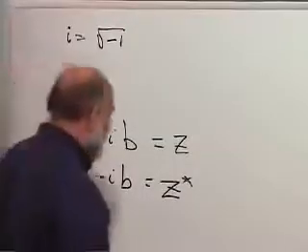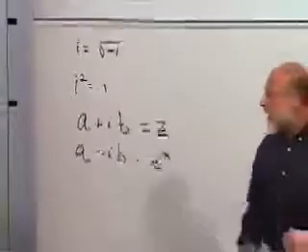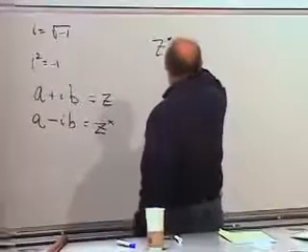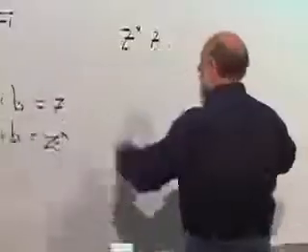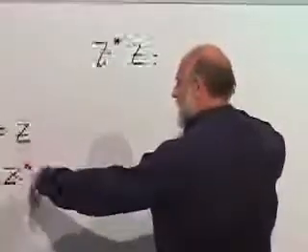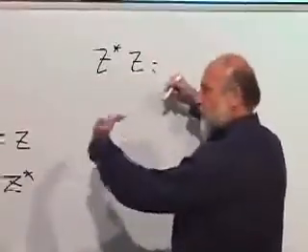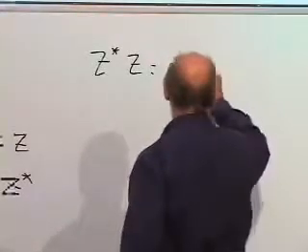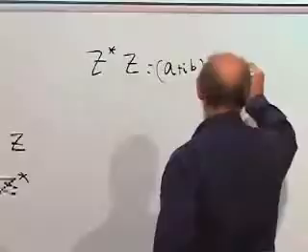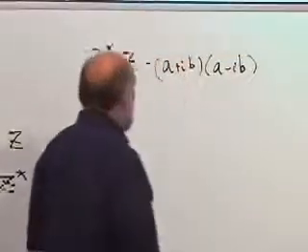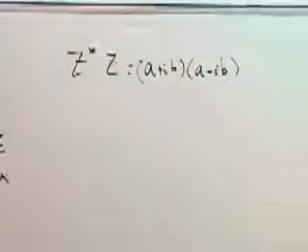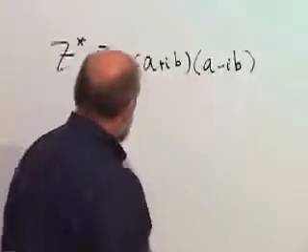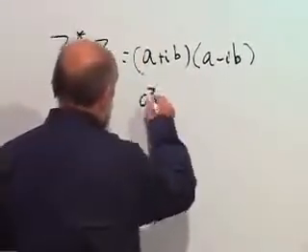They're very elementary. Let me give you an example. Supposing you multiply z star by z. What is that? Or z times z star, it doesn't matter either way. It's a plus ib times a minus ib. Let's see what we get. Just ordinary multiplication. We open up the brackets. We get a times a, which is a squared.